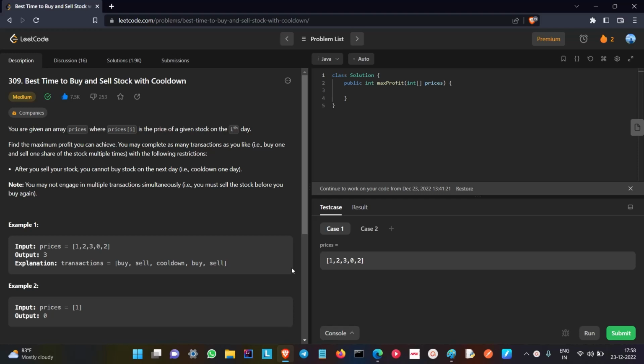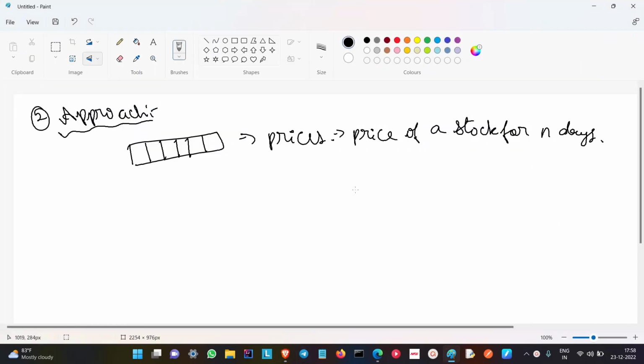Yeah, that's correct. So for each day, there are three possibilities. We can buy the stock. So the operations are of three types. We can buy a stock, sell a stock, or do nothing.